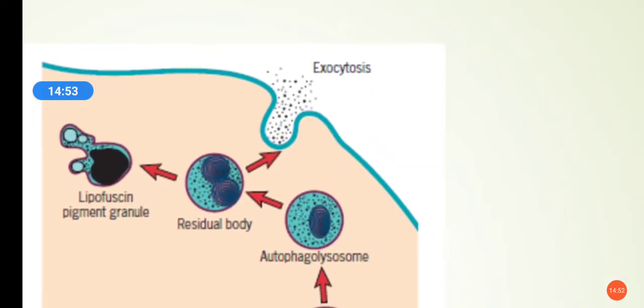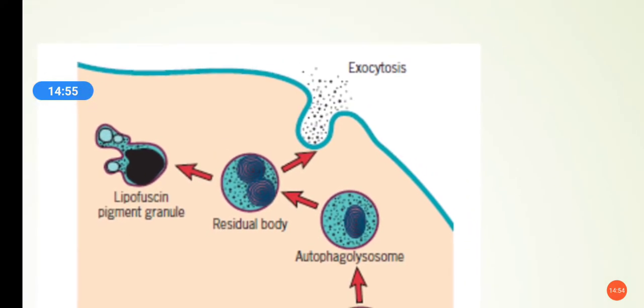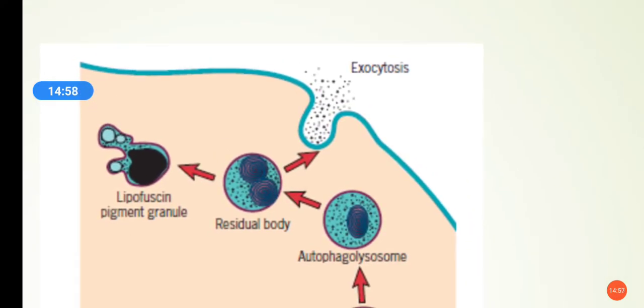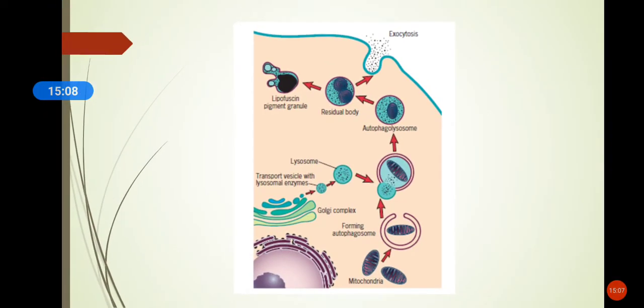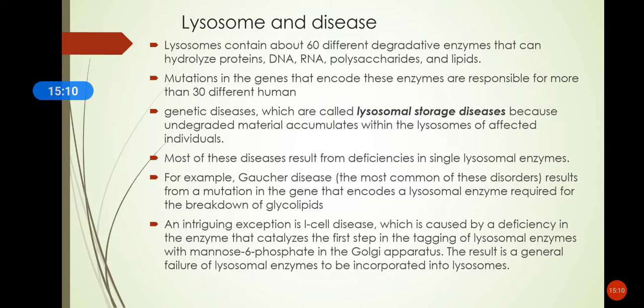After that, they digest the contents, and then the residual body is formed. Sometimes it is thrown out of the cell through exocytosis, or sometimes it remains as lipofuscin granules. So this is autophagy. Now we will discuss some diseases that are related to lysosomes.